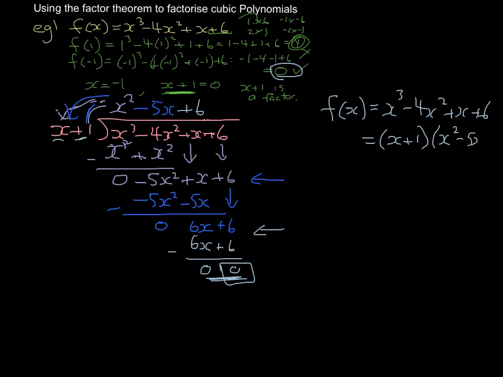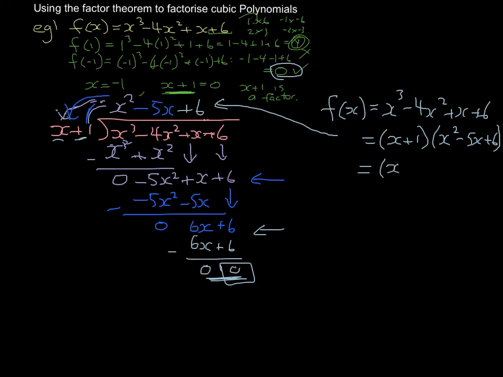Take 5x plus 6. So that's just the answer that we've got at the top there from our long division. Now what I need to do is look at that second factor, the second bracket, and see if we can further factorise that, which we can.